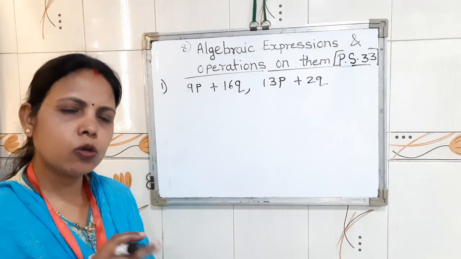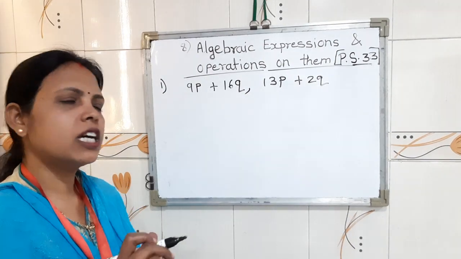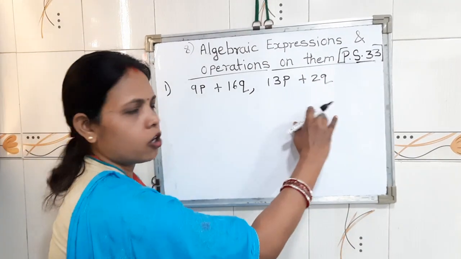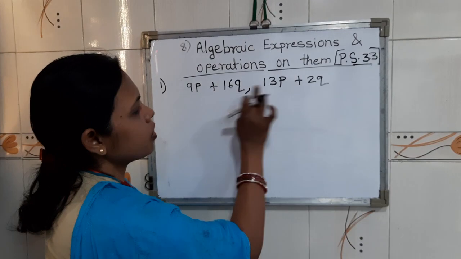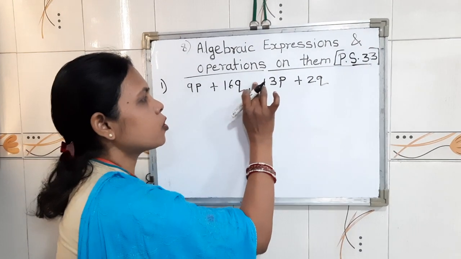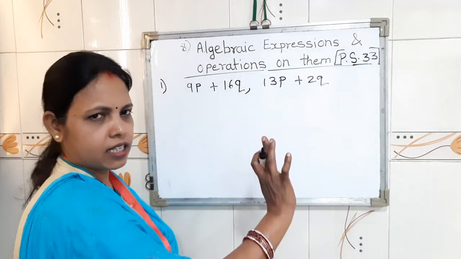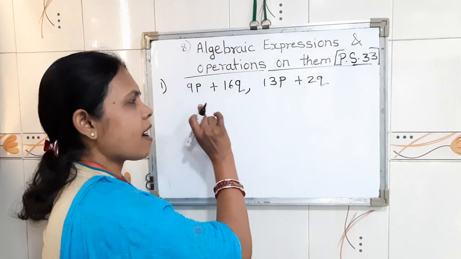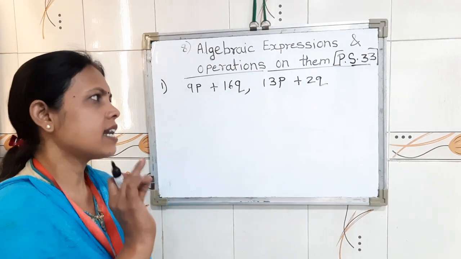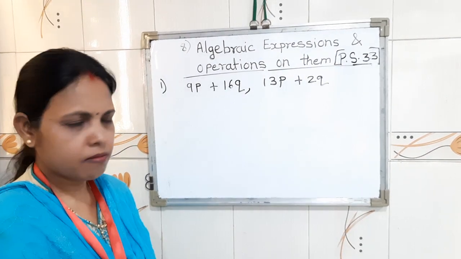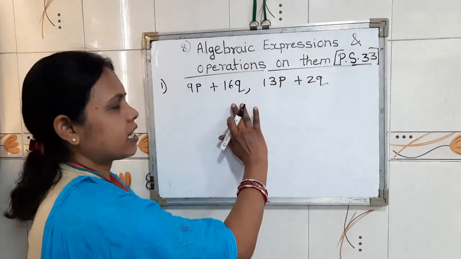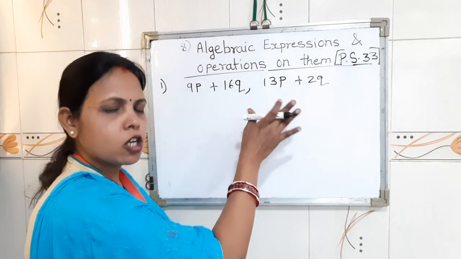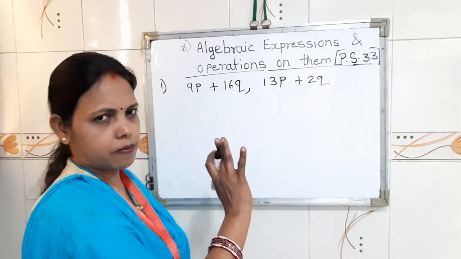Addition we will do in two methods. One is the horizontal method. Horizontal method means in between both these expressions we will put a plus sign and we will add them. While adding, we will add like term with like term, and if like terms are not there, we will keep that term as it is.